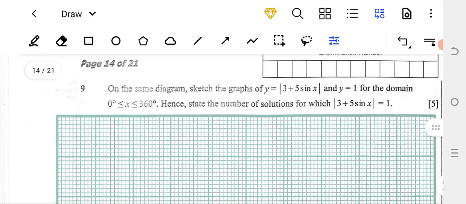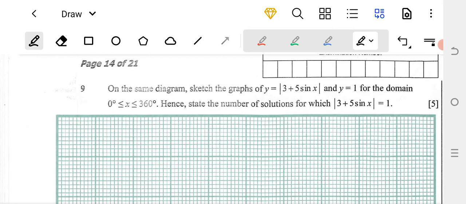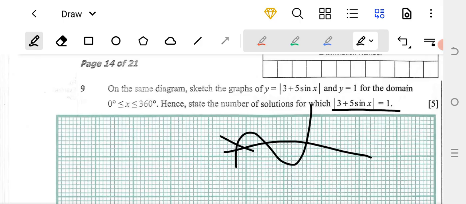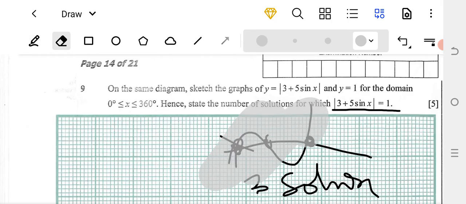Hence, state the number of solutions for which these are equal. When they say this, they're simply trying to say wherever the graphs intersect. So intersecting there, there, and there, which means there are 3 solutions. But I'm not saying this question has 3 solutions. I'm just saying if it was like that. Okay, let's get on with the answering.